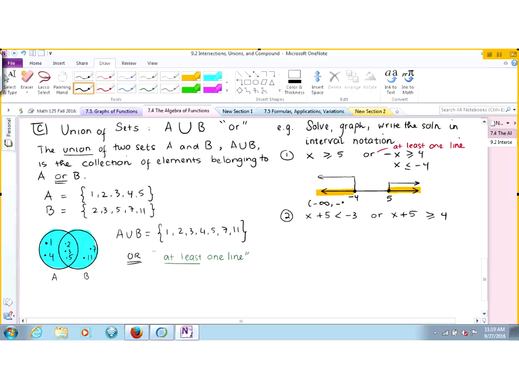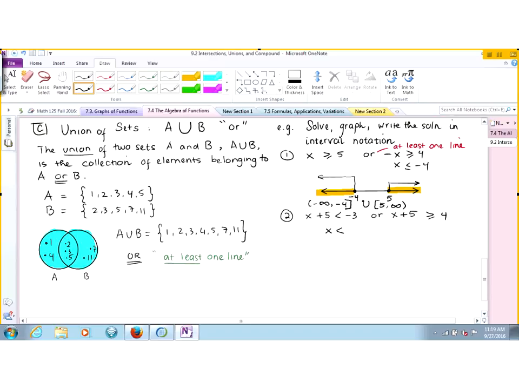So this is the way we write it: negative infinity to negative 4 bracket, union, bracket 5 to infinity. Yes? Easy?